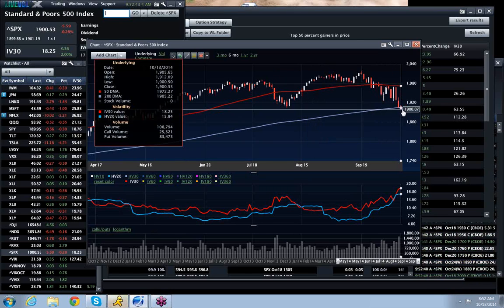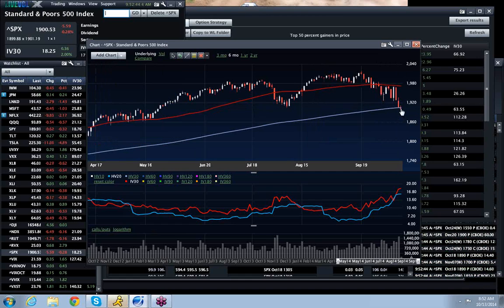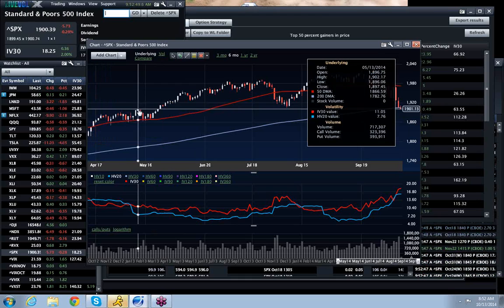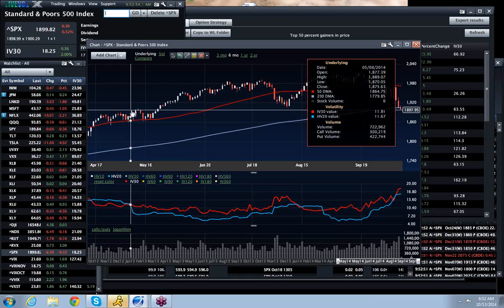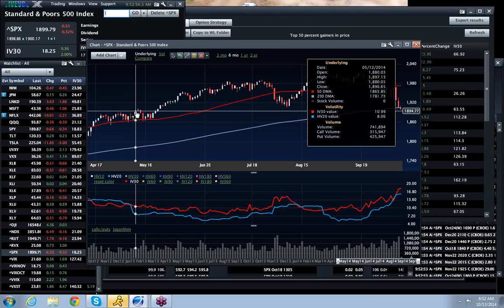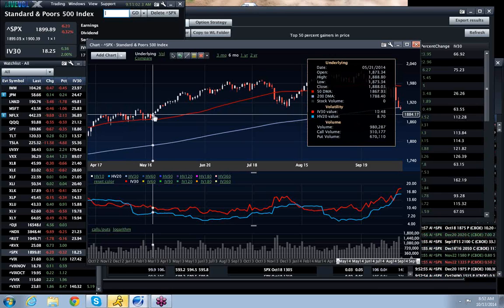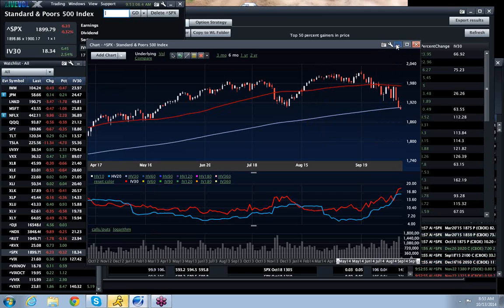There's no real technical resistance till, I guess, probably you might see some resistance around 1888. That's where there's some technical resistance, and that's where people would have been buying in at the beginning of this rally.